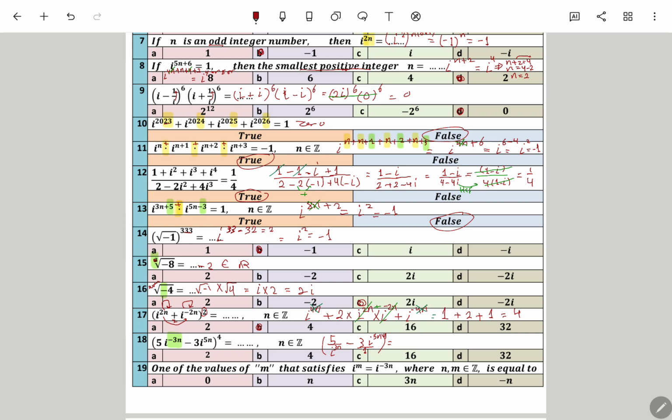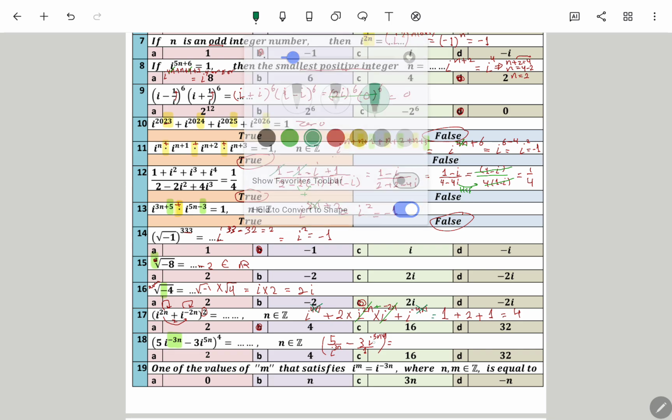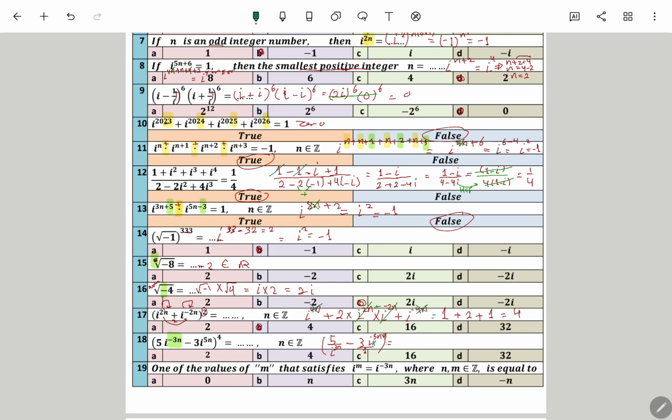We can make a cross multiplication by multiplying up and down by i to the power of 3n. And down also i to the power of 3n.